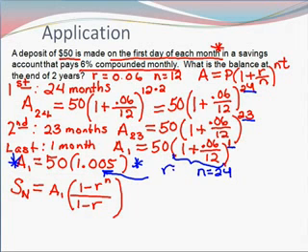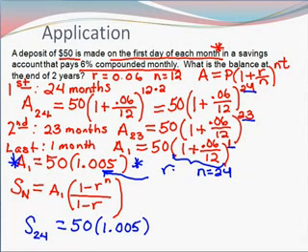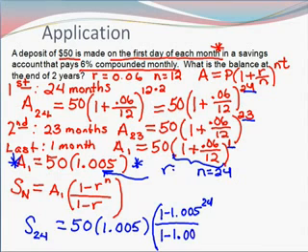So we're looking at S24 is equal to 50 times 1.005, so that's a1, times 1 minus 1.005 to the 24th power, divided by 1 minus 1.005. And if you put this in your calculator, you should come out with $1,277.96.